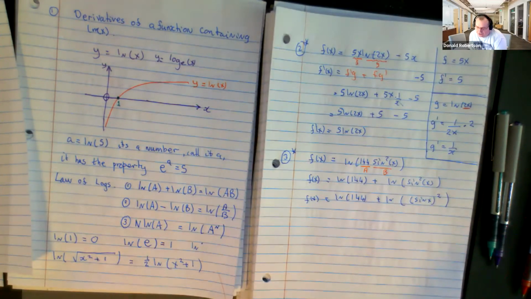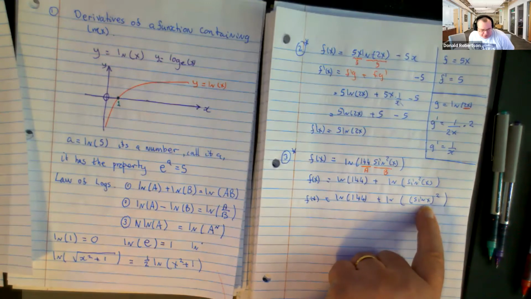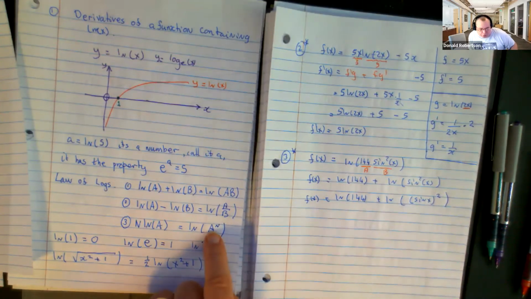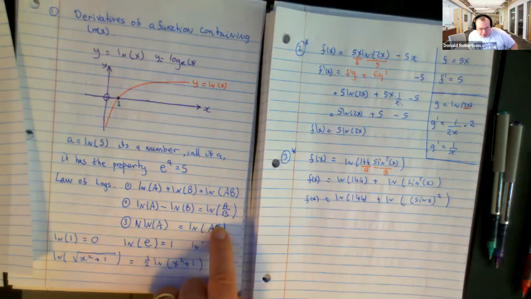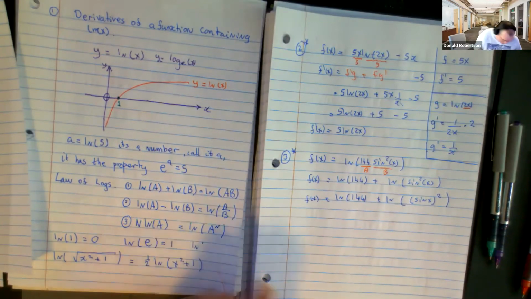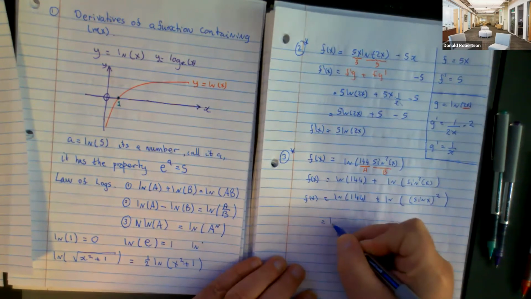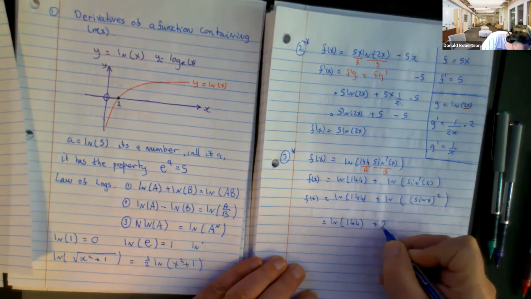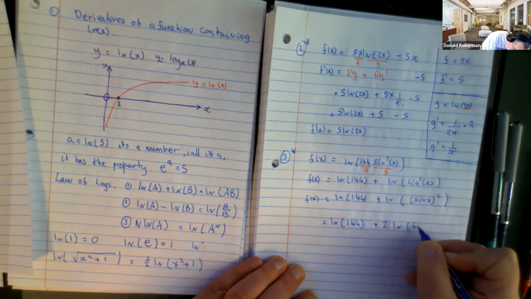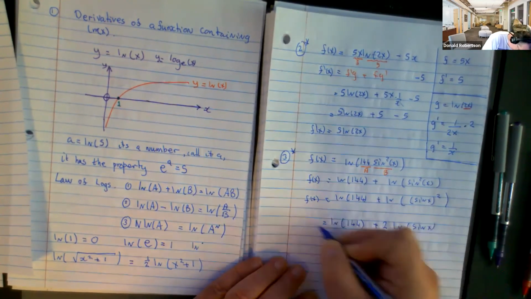Isn't sine squared x actually just a shorthand way of saying sine x being squared? Right. Now, if I write it like this, I can now use law 3, which says the log of a squared is 2 times the log of a. So this now becomes the natural log of 144 plus 2 times the natural log of sine x.